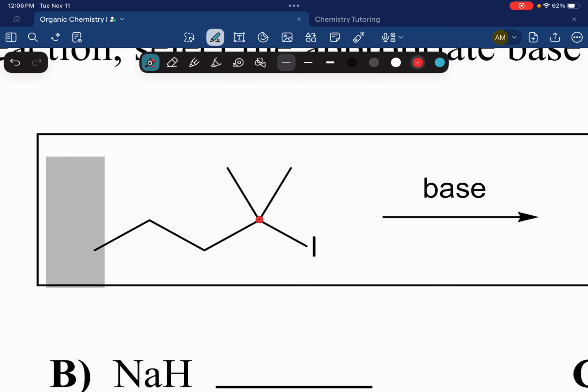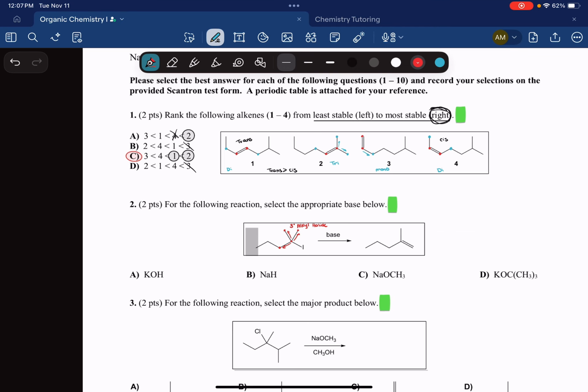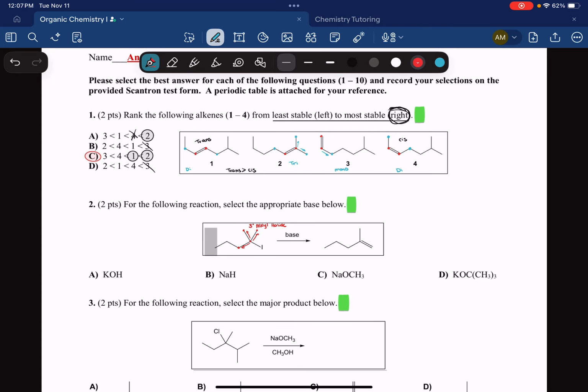Okay, appropriate base below. So we've got 1, 2, and then 3. So this is a tertiary alkyl halide, right? The carbon here is connected to 3. So this means that it could either be E1 or E2, right?